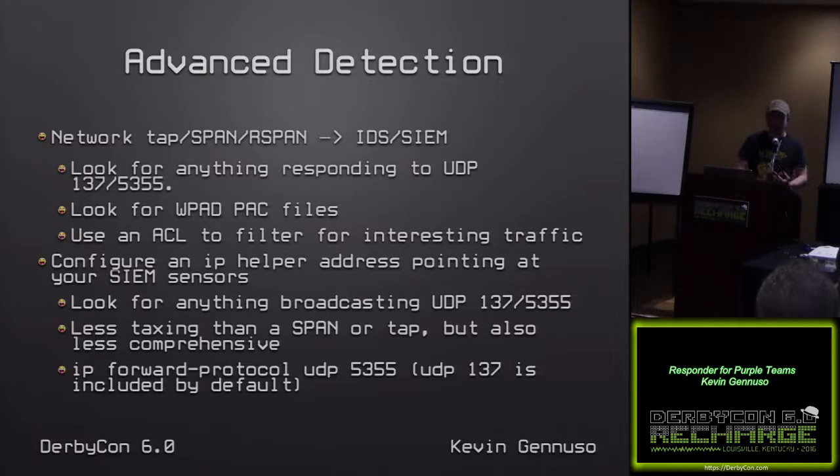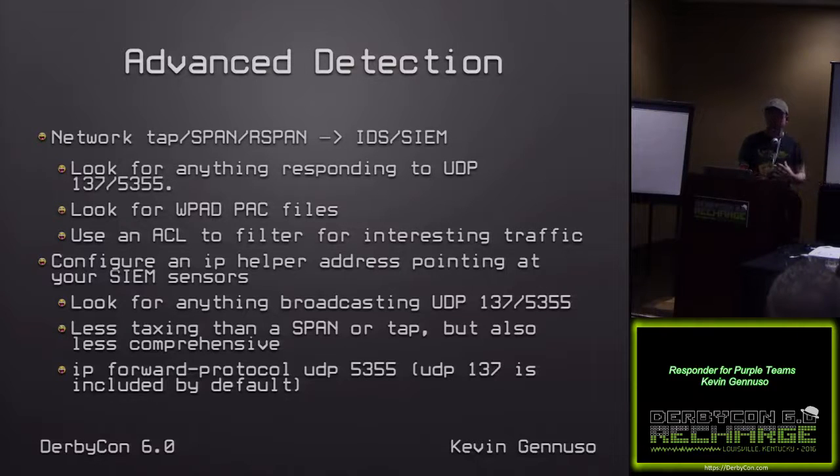Look for WPAD files. Use an ACL to filter interesting traffic. If you don't want to flood a sensor with a bunch of garbage, you can put an ACL on that stuff pretty easily. Configure an IP helper address to point to your SIEM sensors. That's interesting because IP helper is typically used for DHCP, but it will forward UDP broadcasts across subnets.